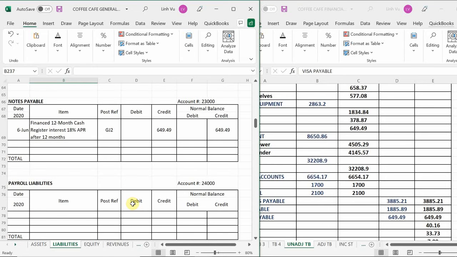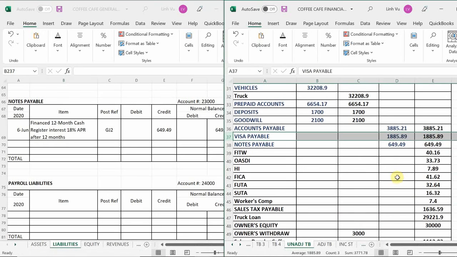Okay. And my notes payable is still the same at 649.49.